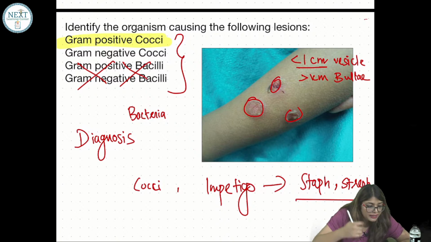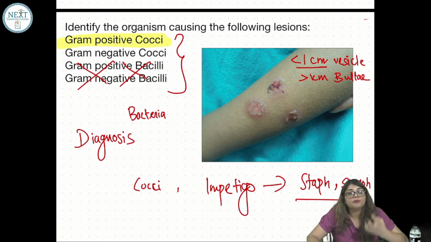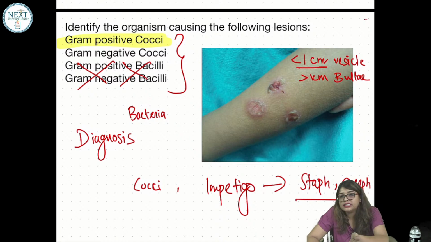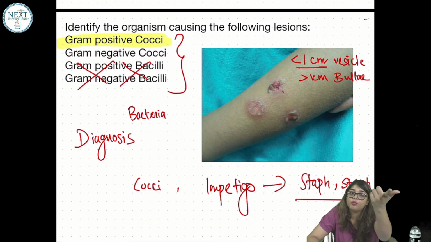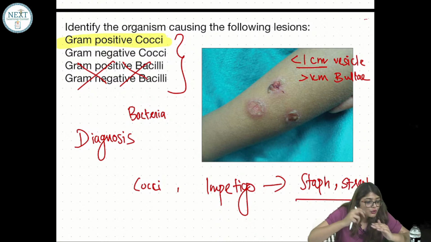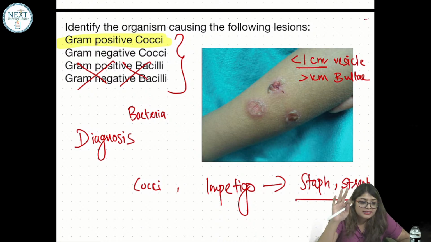Everybody with me? Did you understand the question? This lesion is nothing but non-bullous impetigo, and they have asked what the causative agent is. It is either staph or strep, both gram-positive cocci. They've twisted it, but it is an easy question. If you understand a little theory, it is very easy.